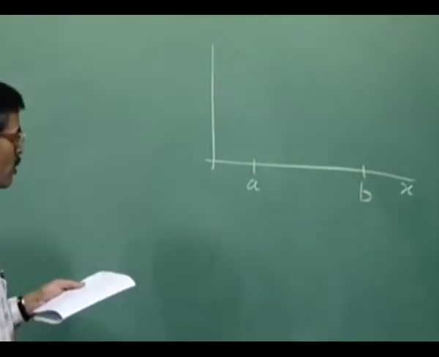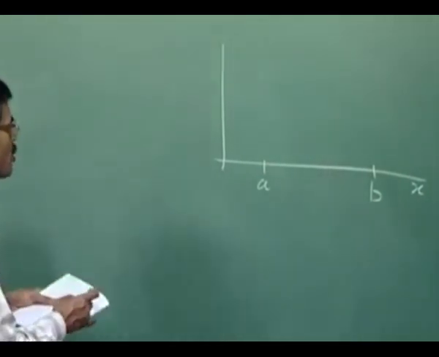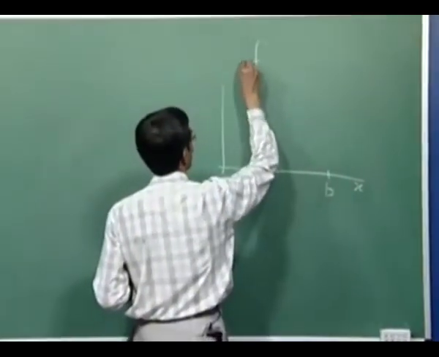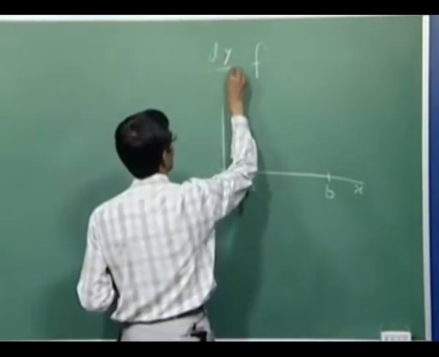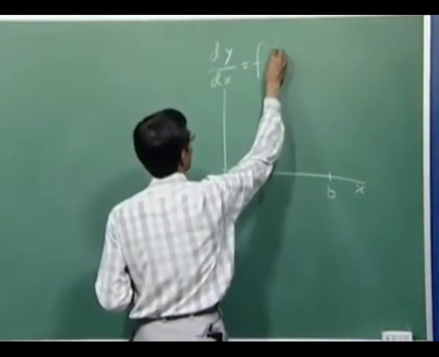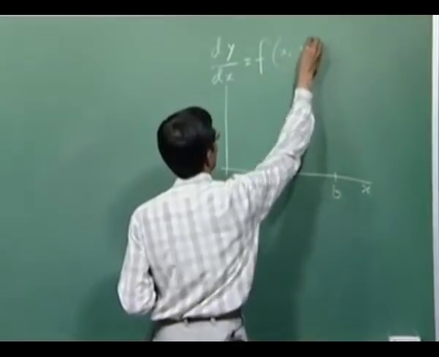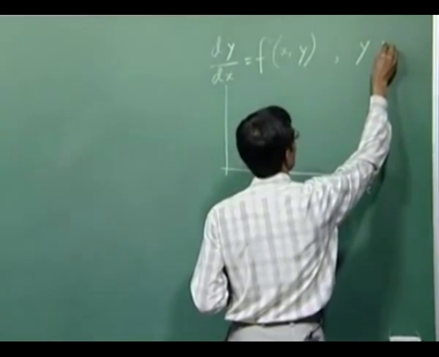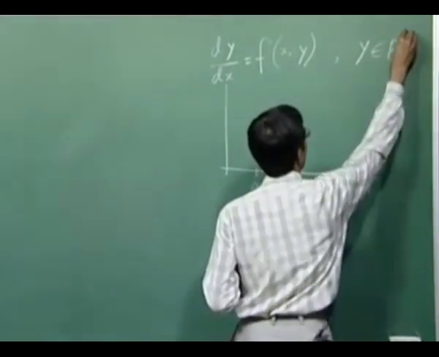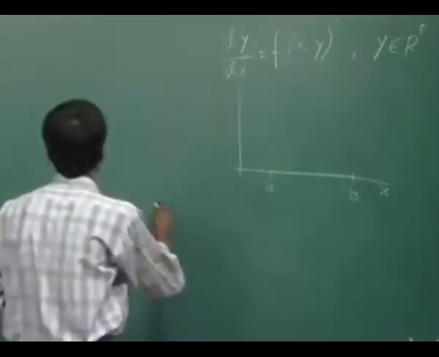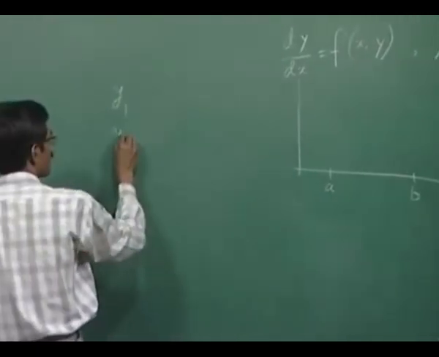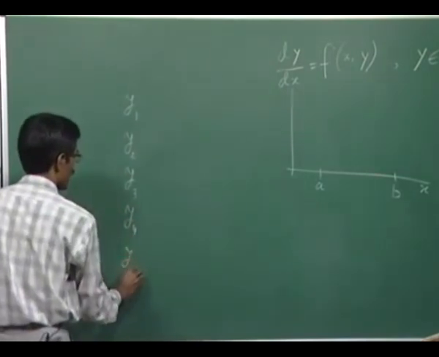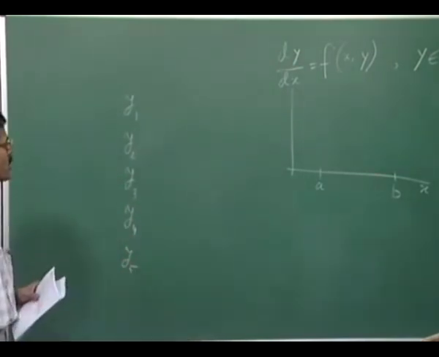Okay. Now, let us consider a problem in which the differential equation is this, where y is 5-dimensional. Okay. That means, let us take y1, y2, y3, y4 and y5 be the state variables.